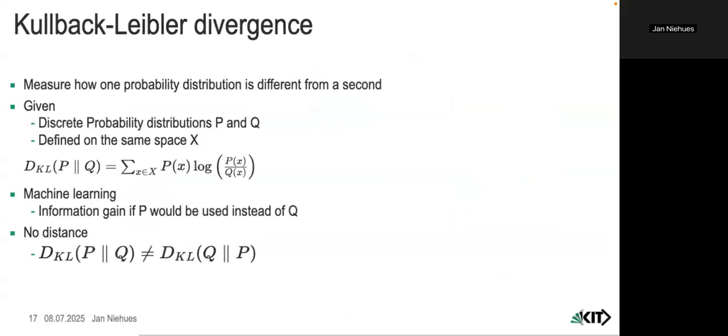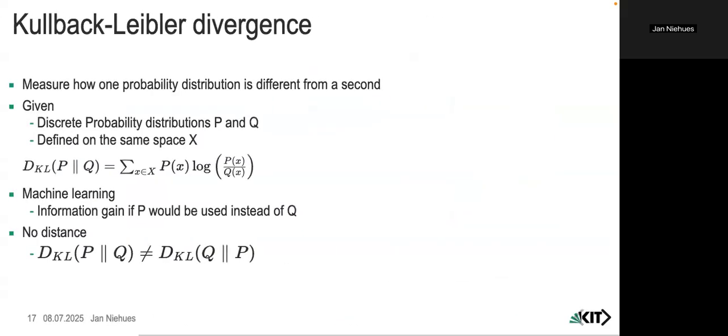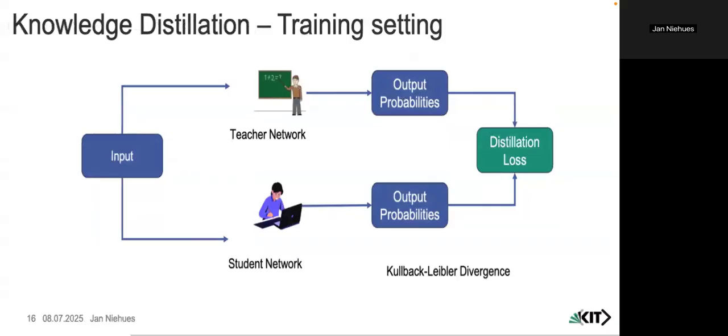How you can do that, and we'll come to that a bit later, is to measure the difference between the two distributions: the output distribution from the teacher network and from the student network.